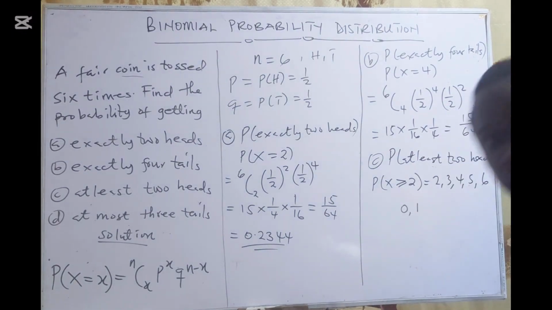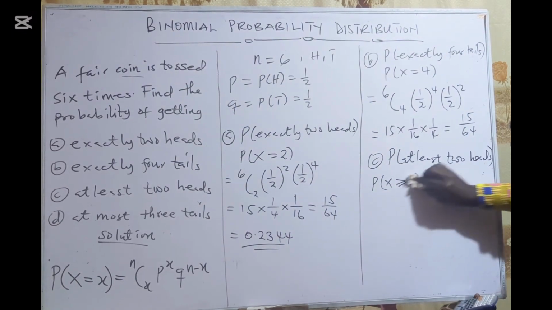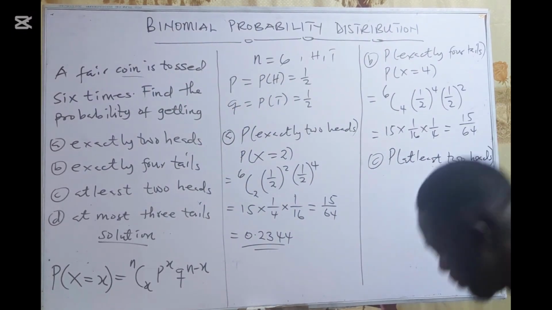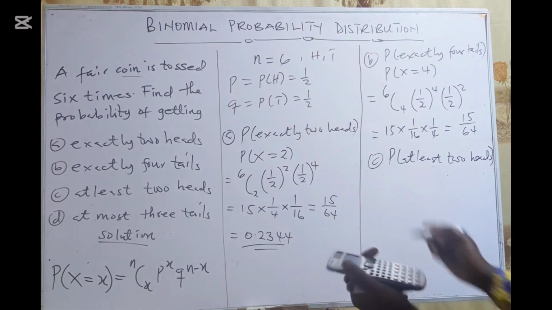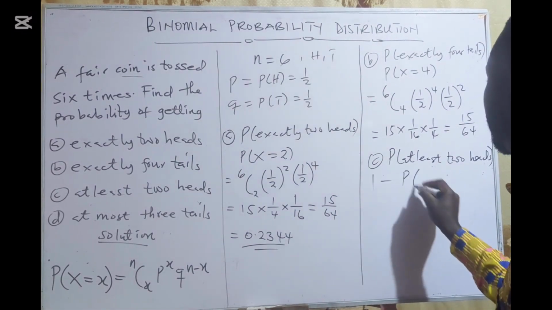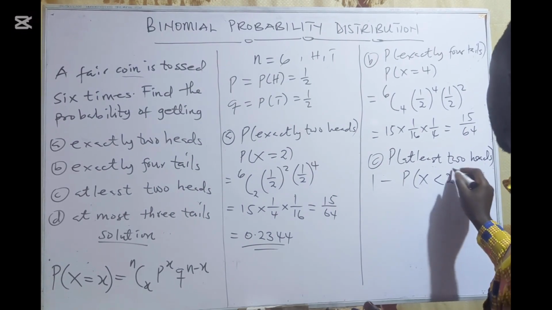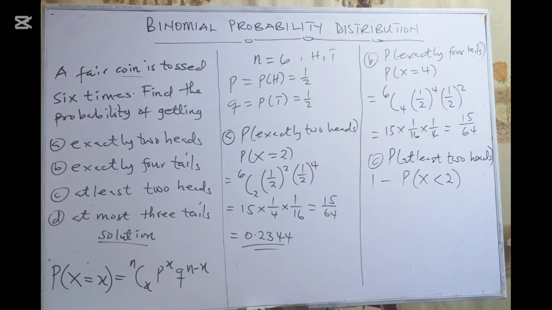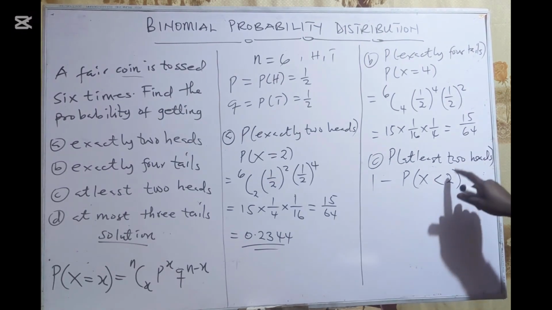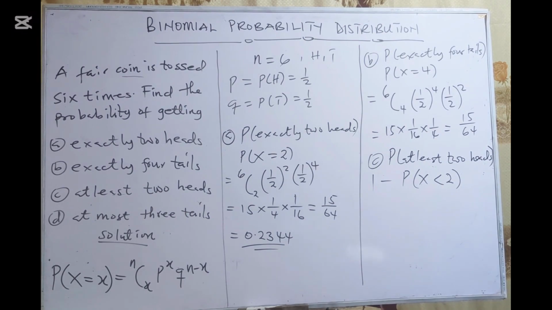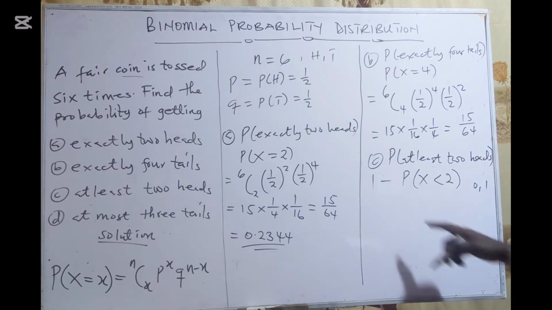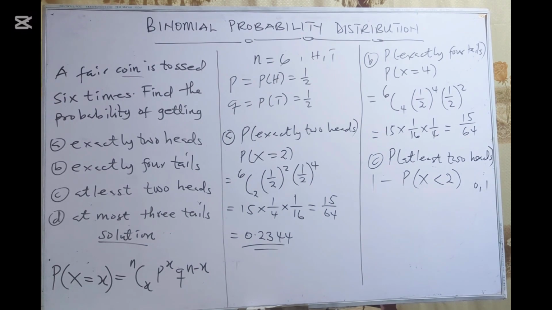All right, so simple to understand. So this is what I'm going to do. It is the same as 1 minus the probability of X is less than 2. So instead of greater than or equal to 2, that is 1 minus the probability of X being less than 2. So I'll find the probability of X being 0, and then 1. Then I'll subtract from 1 to get my answer. I believe this is clear.